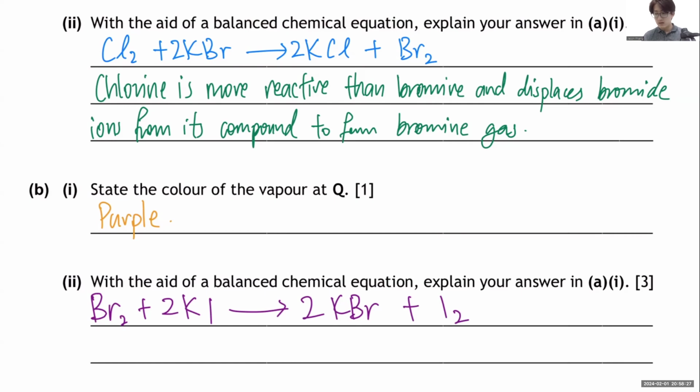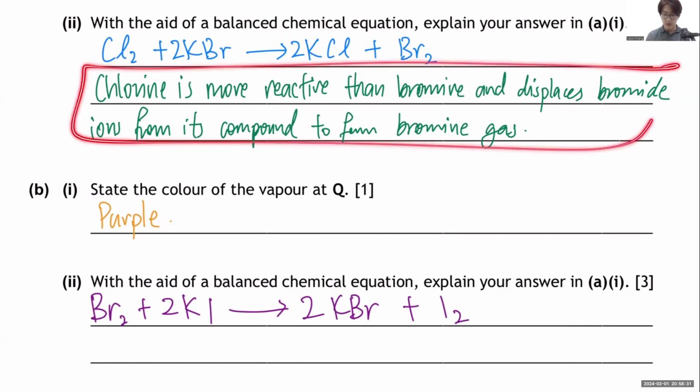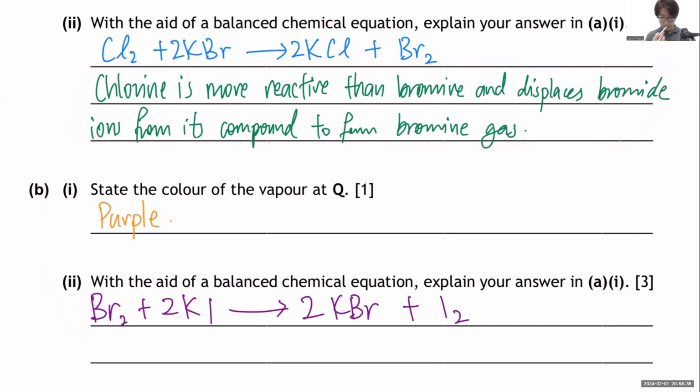Adrian, you want to help me again for this one? Use this to help you phrase out your answer here. Bromine is more reactive than iodine, and displaces iodine to form a compound.